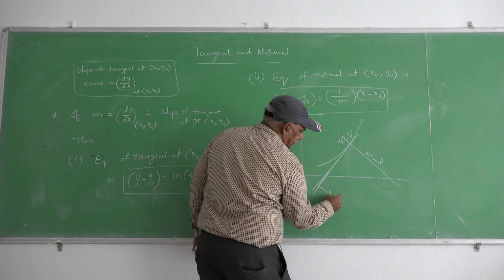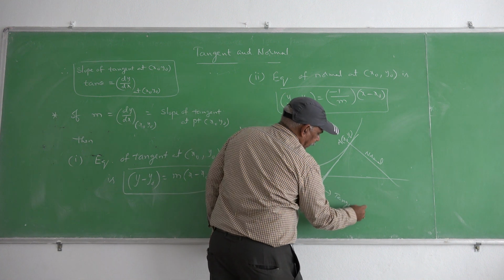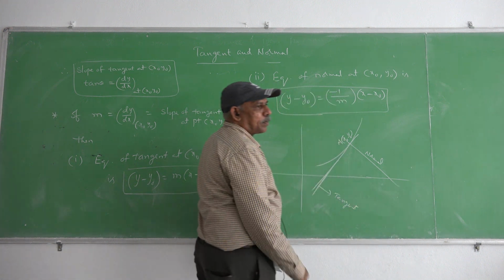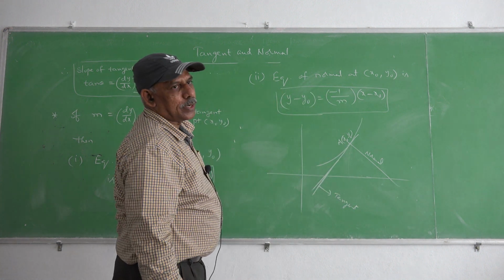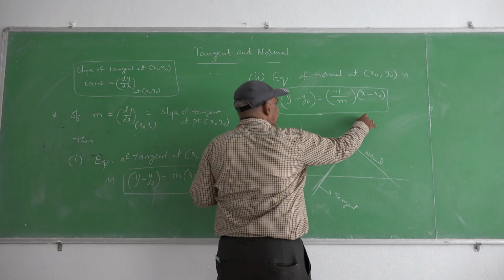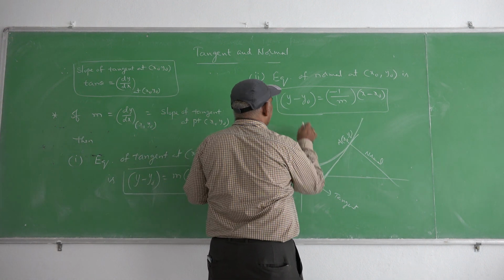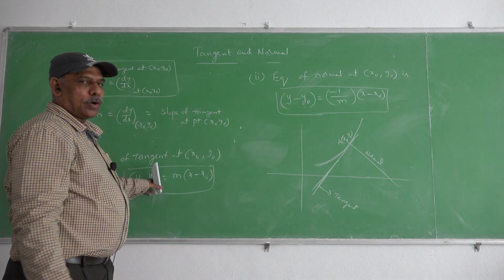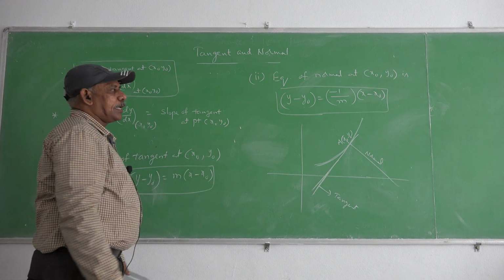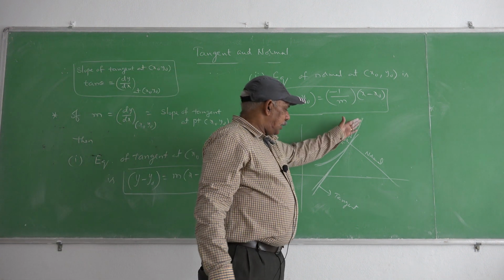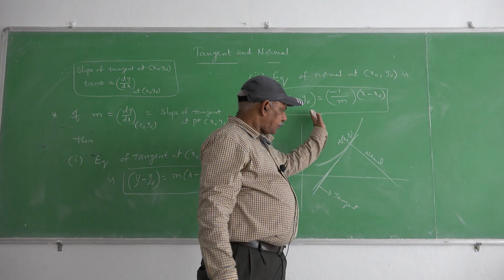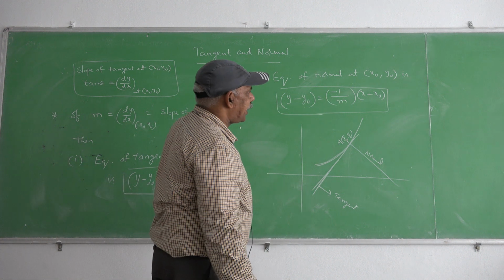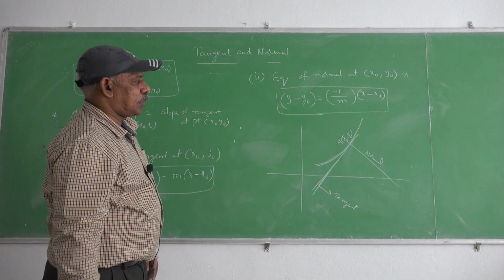Equation of this tangent at x naught y naught and equation of the normal at x naught y naught to the curve y equal to f of x is given by y minus y naught equal to m into x minus x naught. This is the equation of this tangent. Equation of the normal is y minus y naught equal to minus 1 by m into x minus x naught.